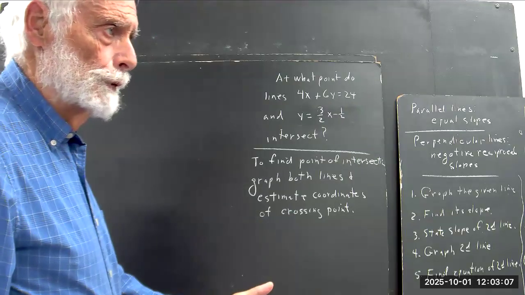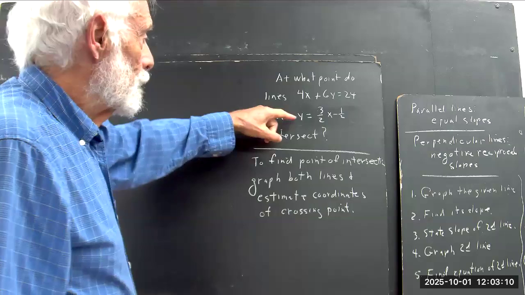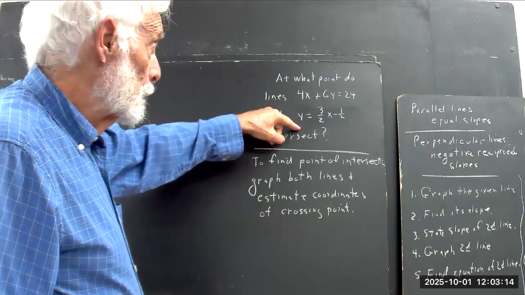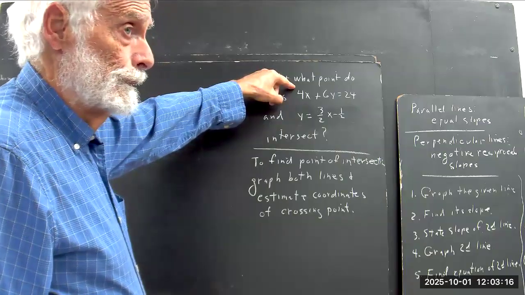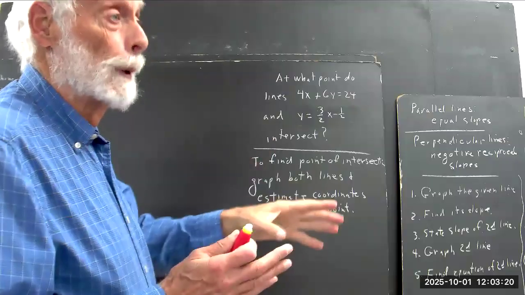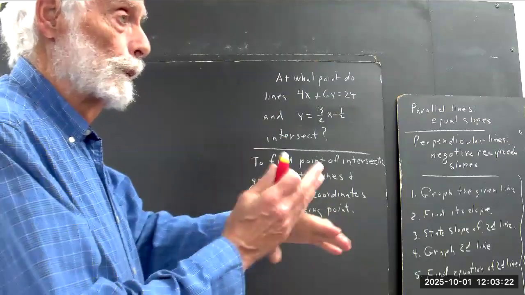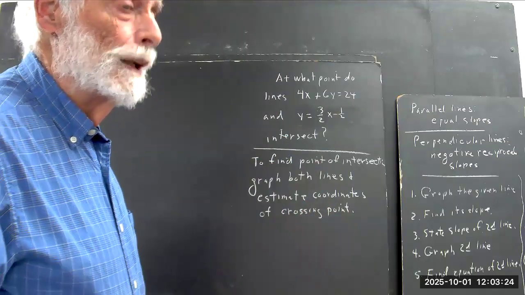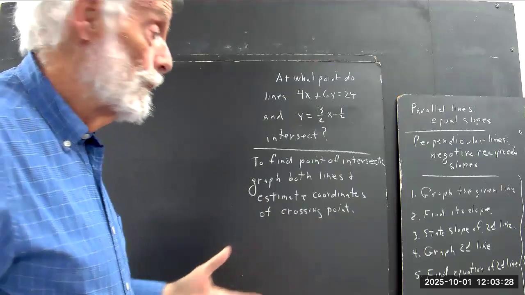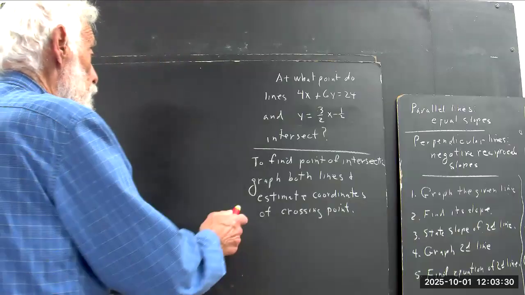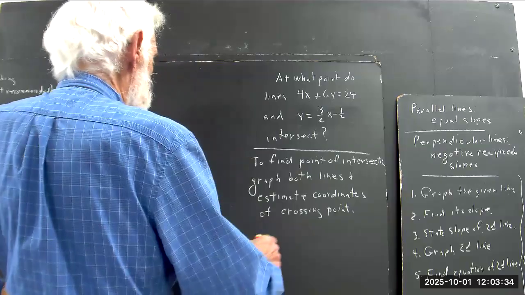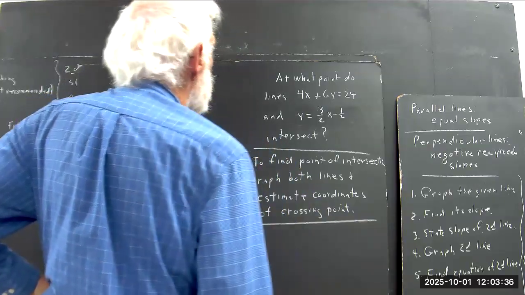So lines don't always cross, but we found this line as the line perpendicular to this one, so they have to cross. They don't have to be perpendicular to cross. We want to make sure we have two lines that cross. Now, all you really need is two different slopes, and you have two lines that cross. Okay, point of intersection between both lines, estimate the coordinates of the crossing point.